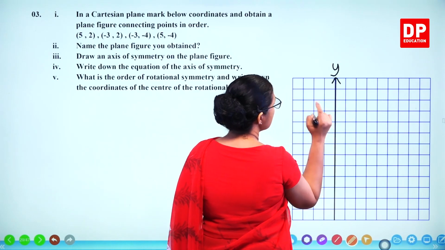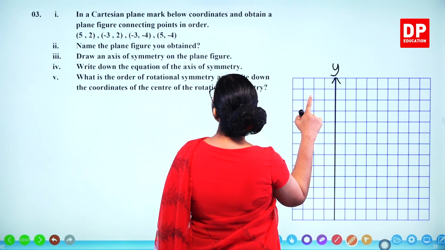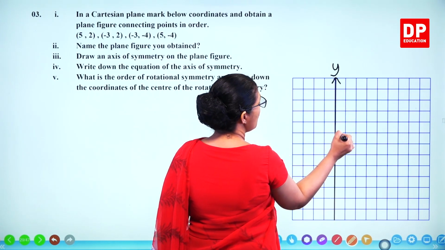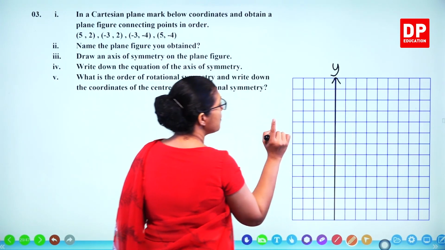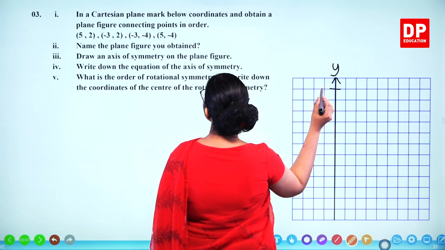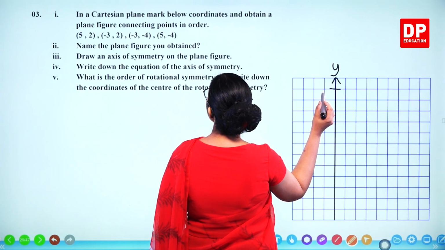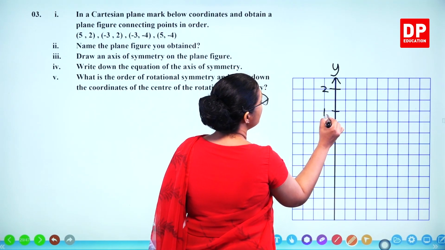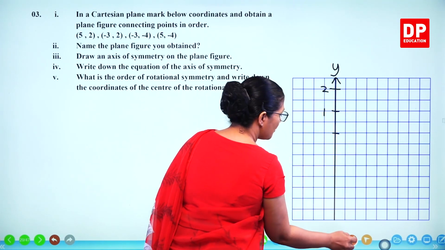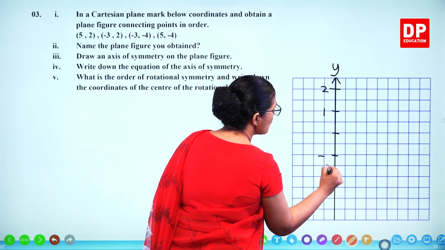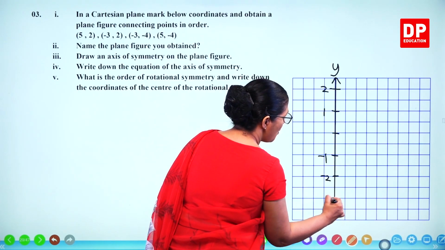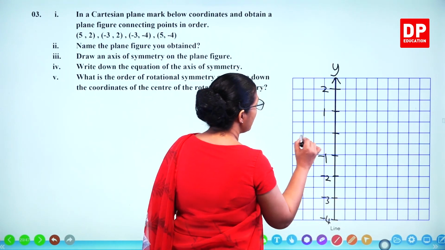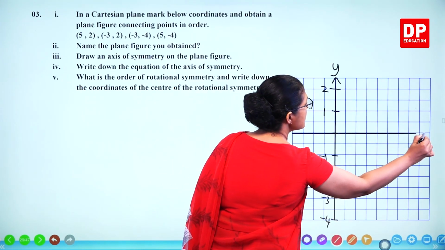So you can start +2 to -4. 2, 1, 0, 1, 2, 3, 4. That one we can take 2 squares there. 2, 1, 0, -1, -2, -3, -4. And we can draw the x-axis.